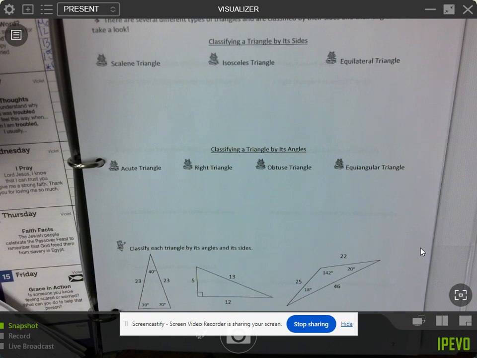A scalene triangle has no congruent sides. What does congruent mean? Who remembers from our angles? Vertical angles are congruent. What does that mean, Layla? Exact same measurement.